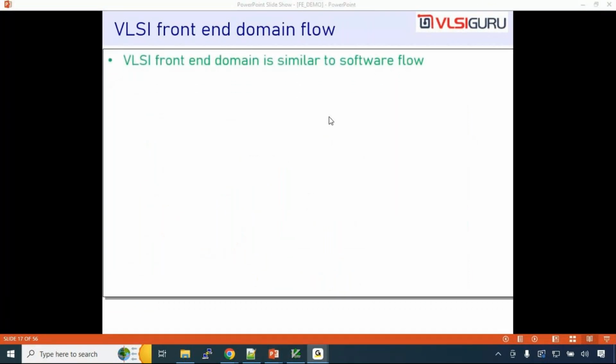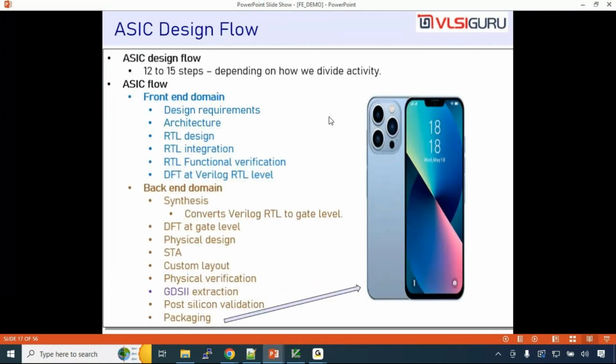So now that we have understood the very basics of what the front-end domain and the back-end domain are, in summary, you go for the front-end domain if you are interested in a programming kind of job role. Means you have done some C programming before and you like programming.